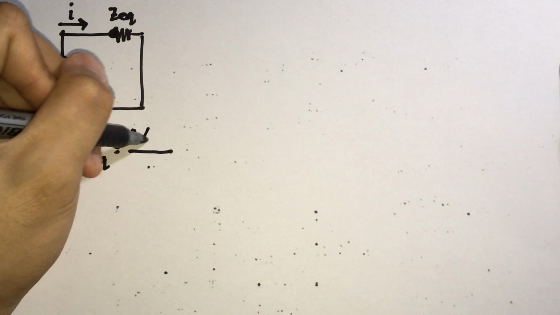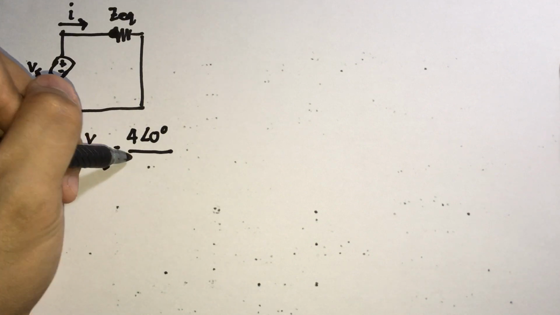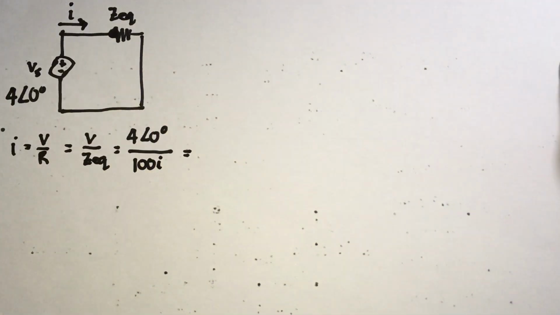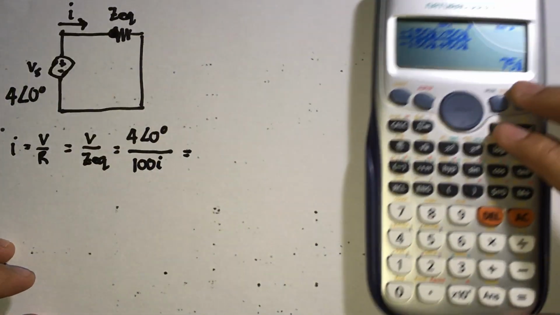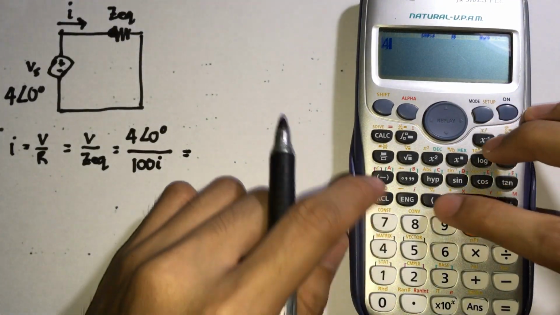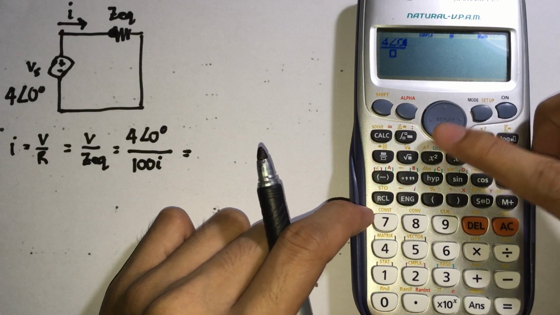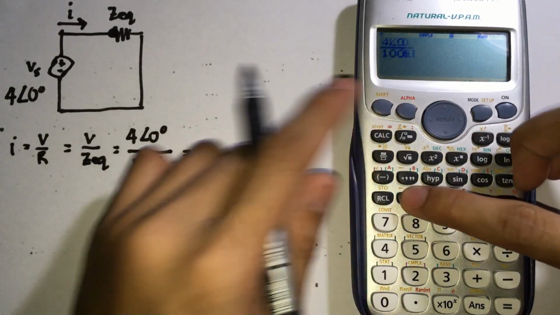So we have 4 angle 0 over the value obtained earlier, the ZEQ, which is 100I.